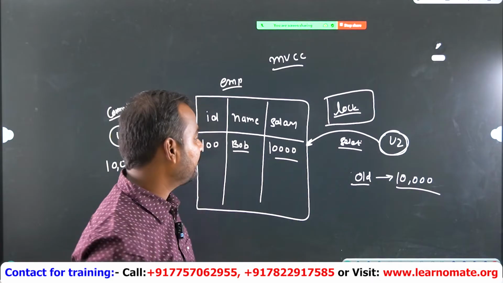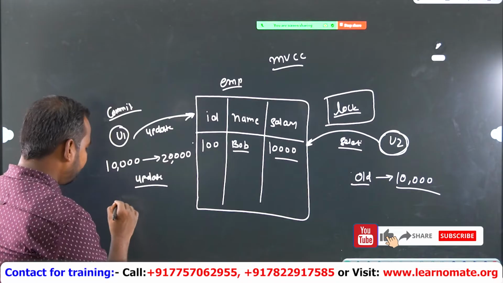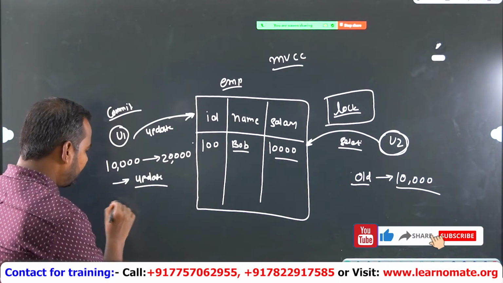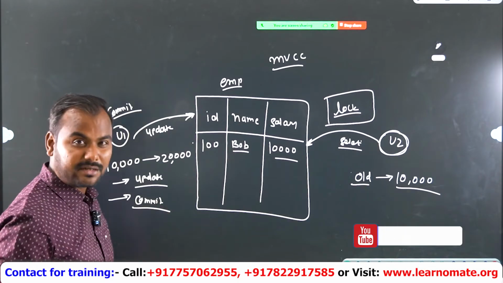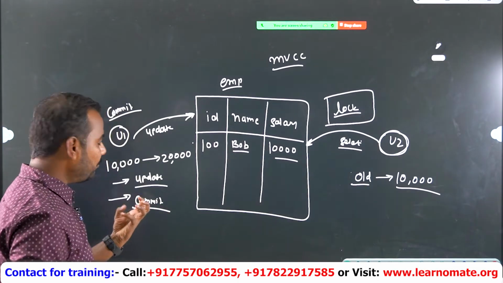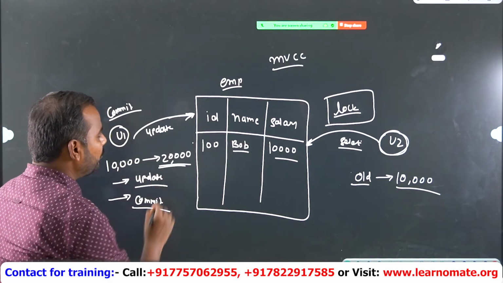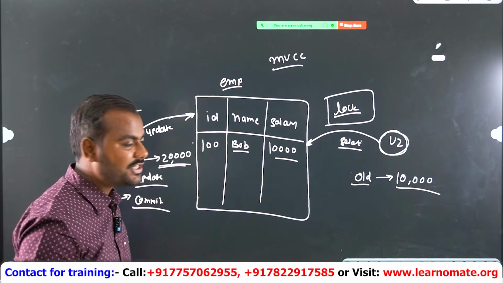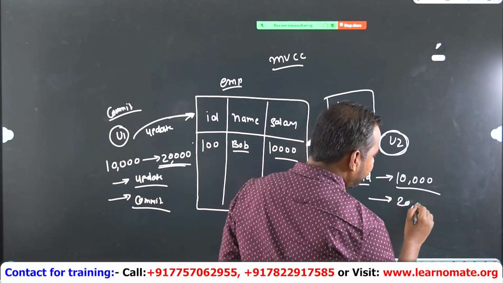As soon as user 1 fires the update, he needs to do the commit. As soon as he makes the commit, the salary will be updated to 20,000, which is a permanent change, and then user 2 can see 20,000.